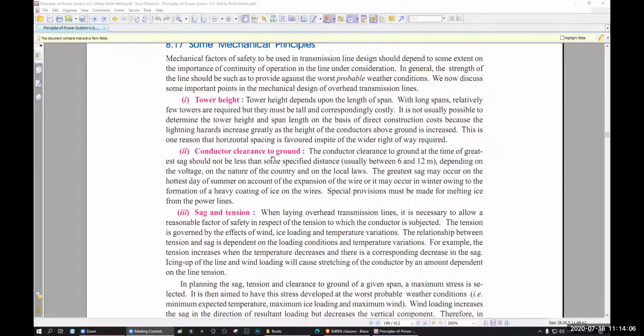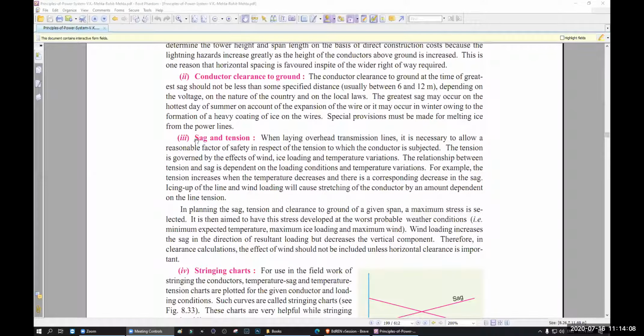Then to the ground, you have to calculate the sag and tension, because if you give more sag, that will increase the weight, decrease the ground clearance, and increase the cost of insulation. If you use less sag, that will increase the tension. You also have to consider the installation season.